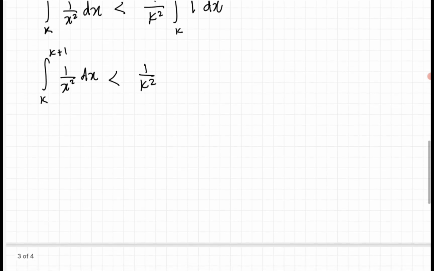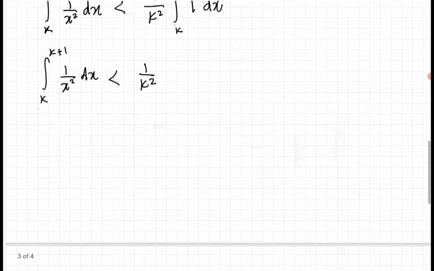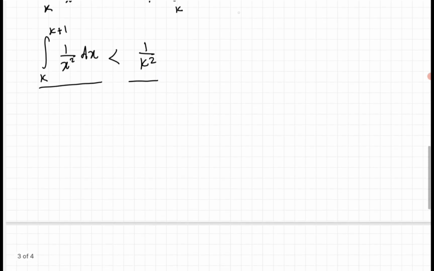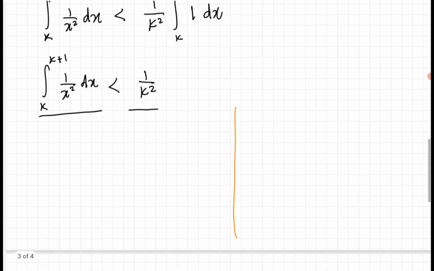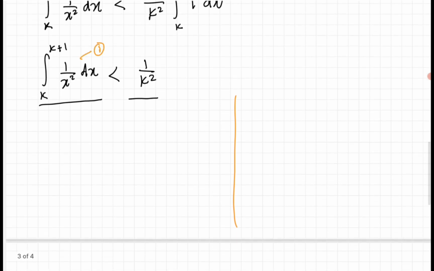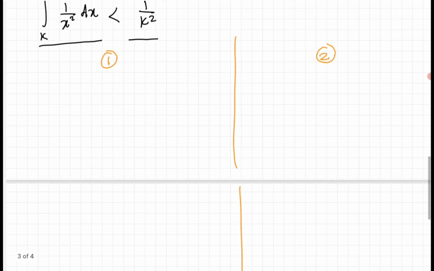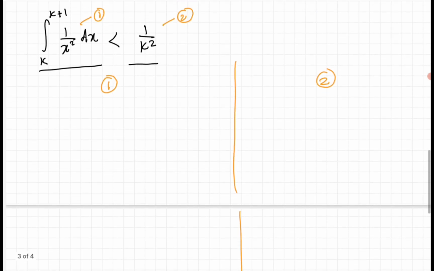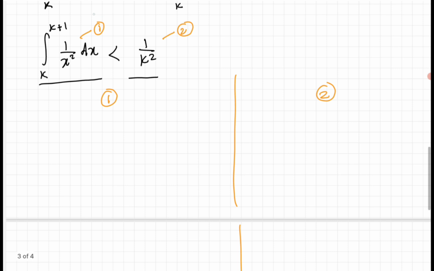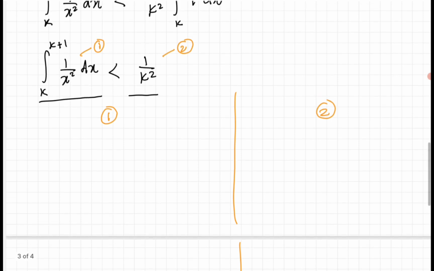Now, we are left with this. Let's solve the left-hand side and the right-hand side separately. So let's draw a line over here. Let's say that this is 1 and this is 2, and let me make this line longer. Now that we have this, let's take the summation of this.